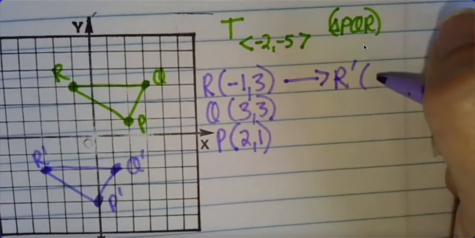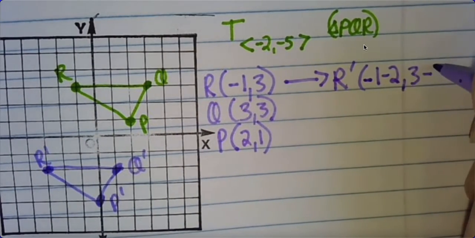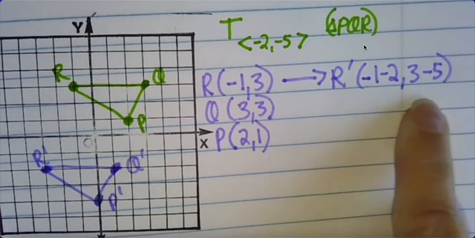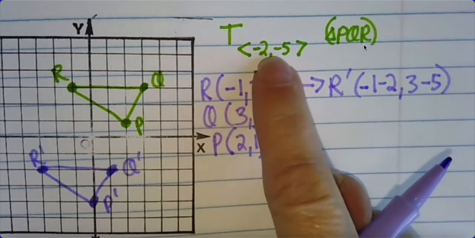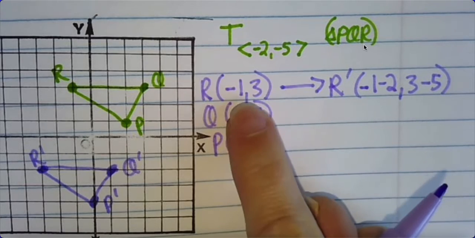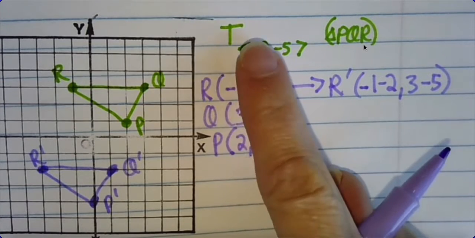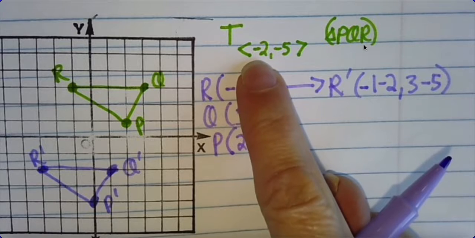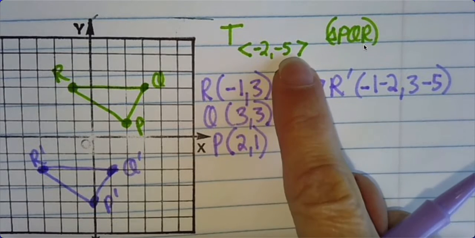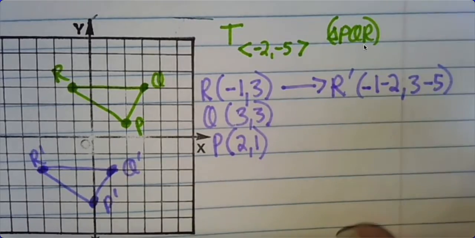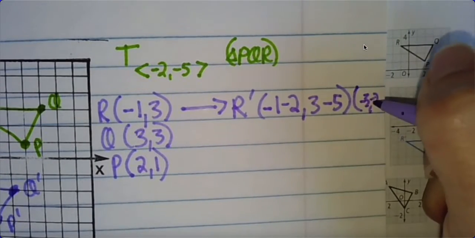So basically what they do is they'll say -1 minus 2 and 3 minus 5 to give you your new ordered pairs. Does this make sense? So instead of us, we're talking about going left, right, up, or down. They make it to where, well, let me just put those numbers together. -1 minus 2, it's just moving it to the left. And then with the 3, then what? Minus 5, and we get our new points. That would be -3, -2.